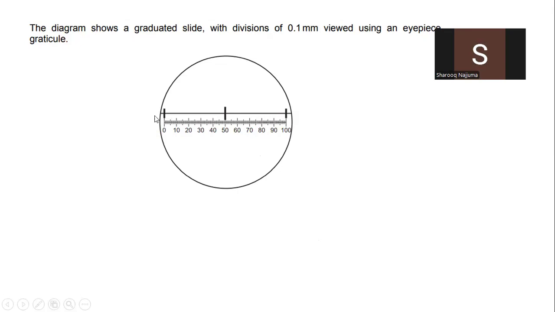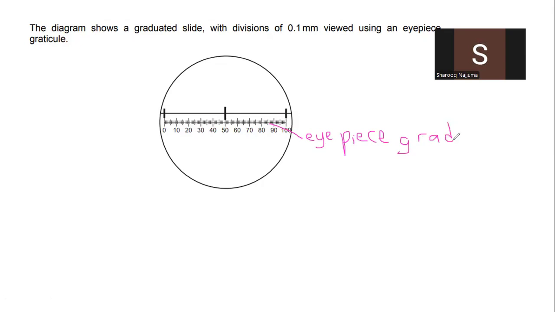You can see that this eyepiece has two things within it. It has this upper scale and then this lower scale. The one that always has very tiny divisions is always the eyepiece graticule.